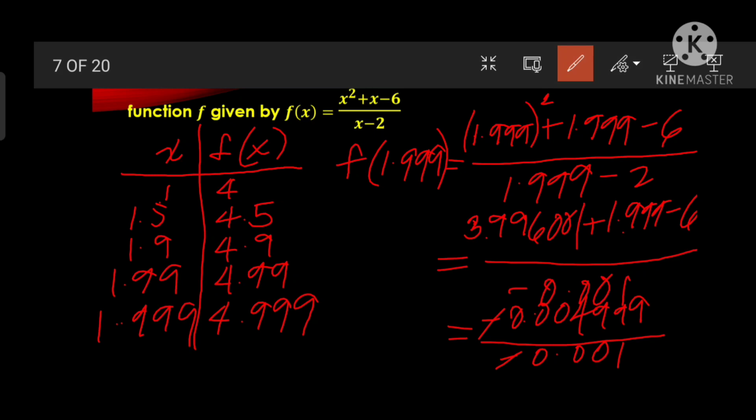Okay, that's it. So from the left, the value is approaching 5 when we round off the number.